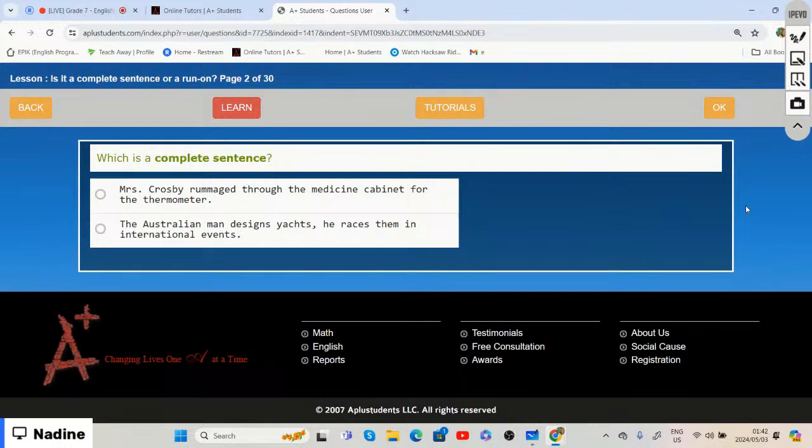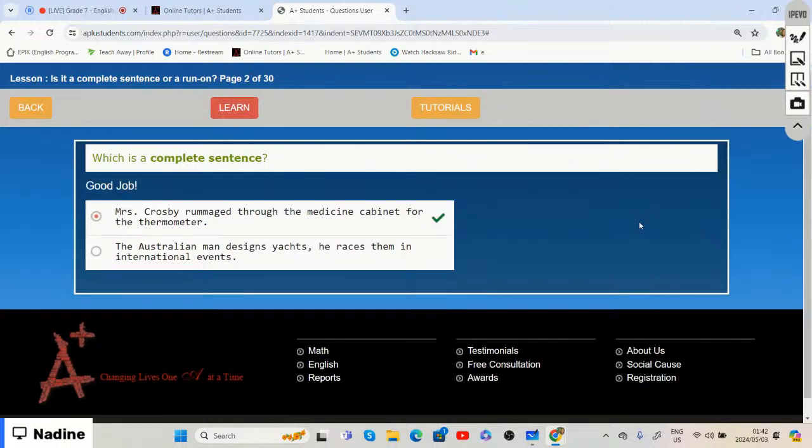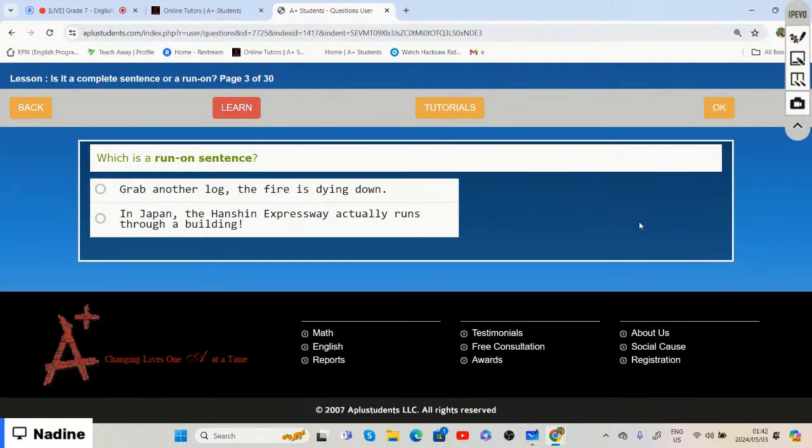All right, so a complete sentence is where we would say, Mrs. Crosby rummaged through the medicine cabinet for the thermometer. That is a complete sentence. It has a subject as well as a verb, right? Now we're going to select a run-on sentence. It says, grab another log, the fire is dying down, or in Japan, the Hanshin Expressway actually runs through a building.